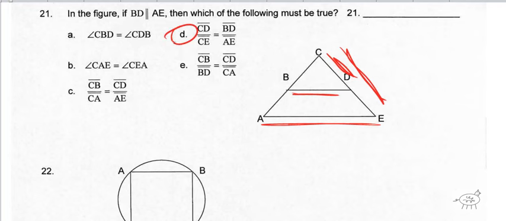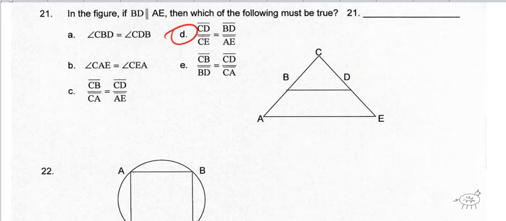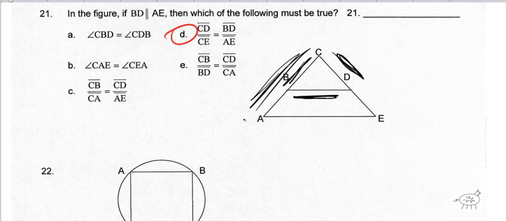That's a good one. And then the last one, CB over BD equals CD over CA. Well, that's pretty random again. So that's out of there too. So the answer for that one is D.